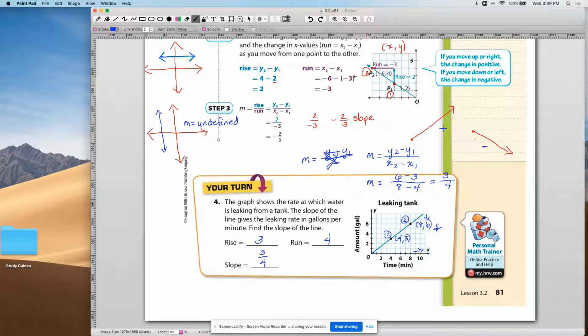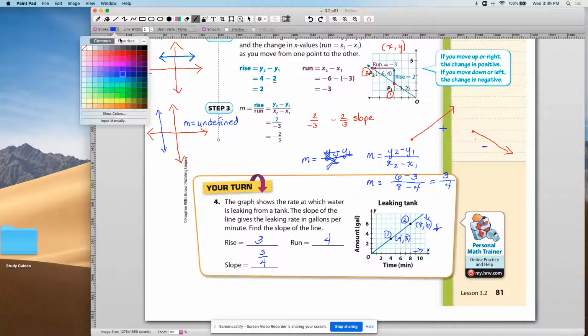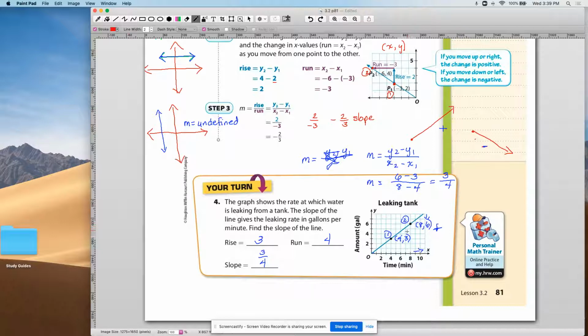Now, I also want to show you that it does not matter which point you label 1 and 2. So let's do this again in red, and I'm going to name this point 2 and this point 1. M equals y2 minus y1 over x2 minus x1.